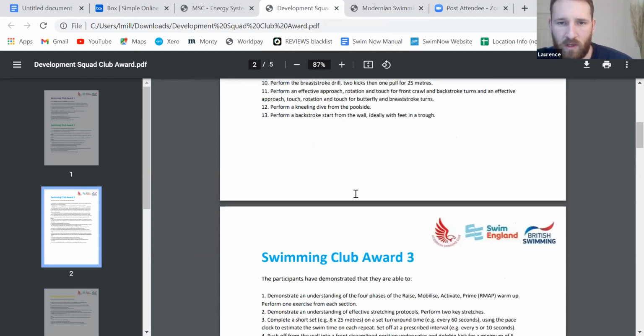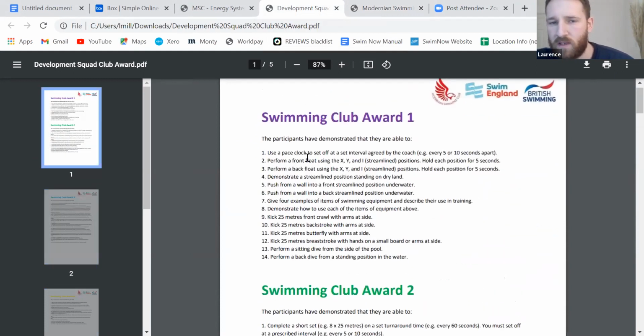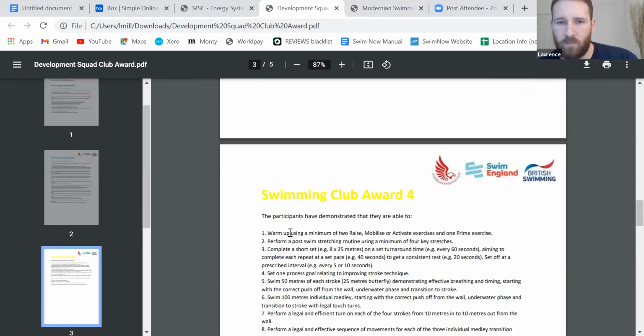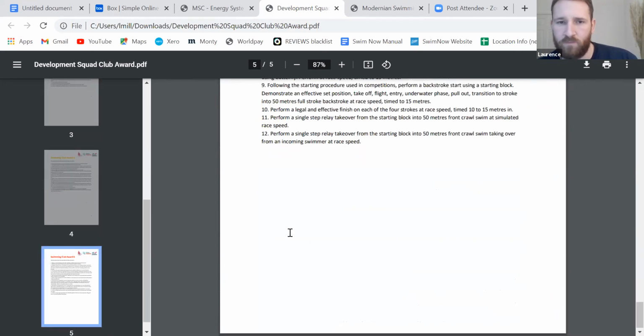So it goes through things, even at the top here, use a pace clock, set off an interval agreed by the coach. Obviously, there are basic things like holding good positions underwater, kicking 25 meters on all 4 strokes, but it advances up all the way through to stage 6.